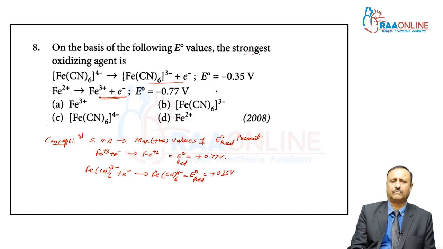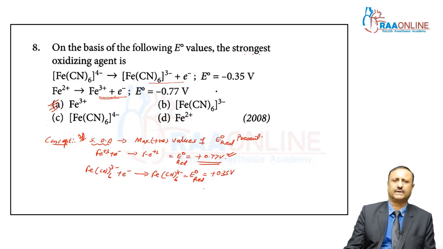And you can see what the strongest oxidizing agent is: the maximum value of E naught reduction is the oxidizing agent. Plus 0.77 volt is the maximum. So, my dear students, you can go with option A. For question number 8, option A is correct, and this is the concept. This question was also asked in the 2008 NEET exam.